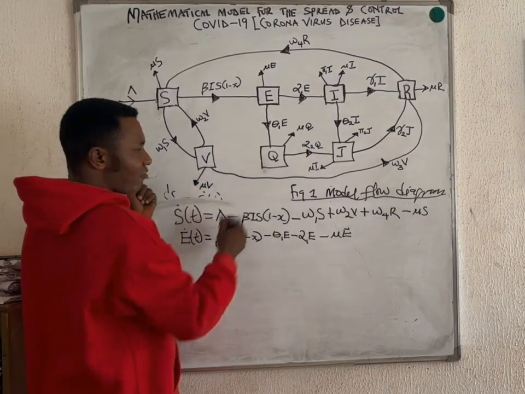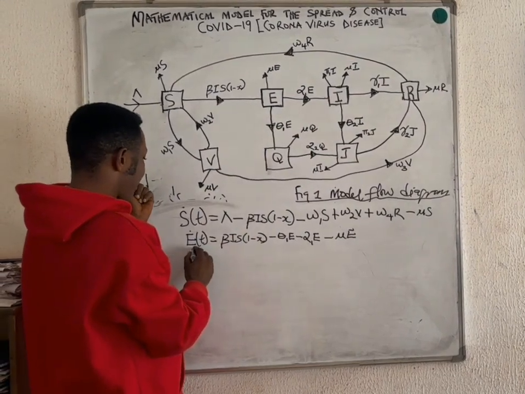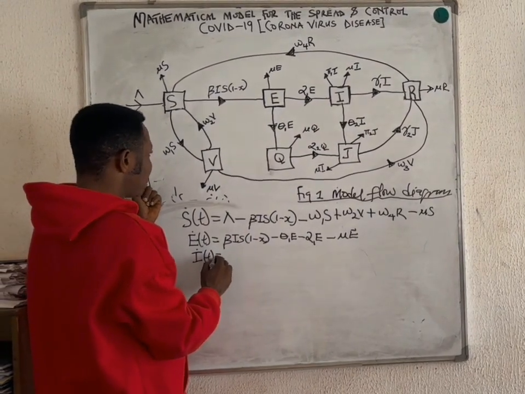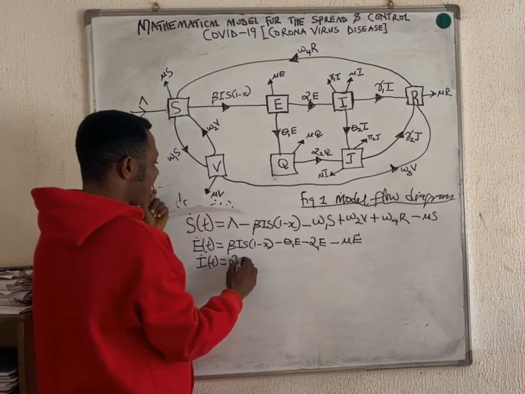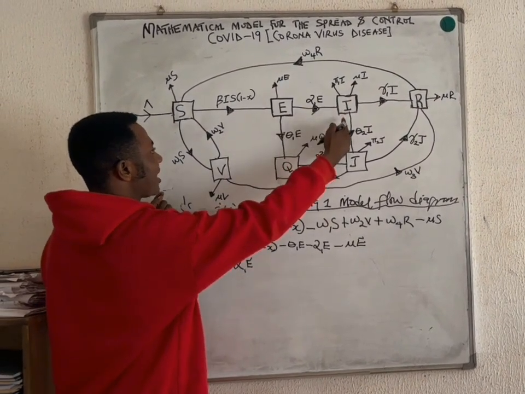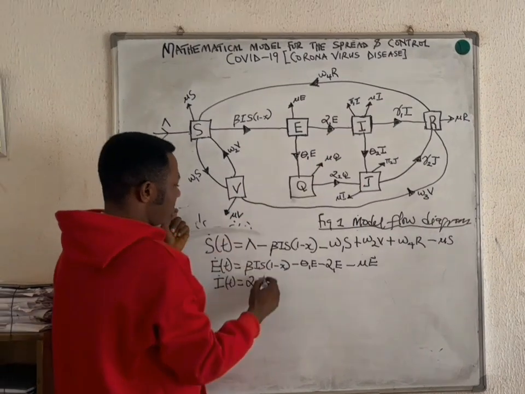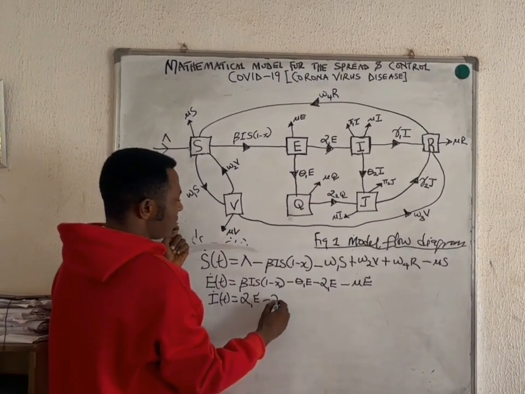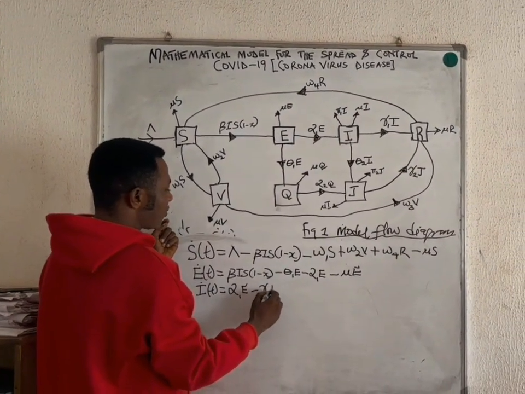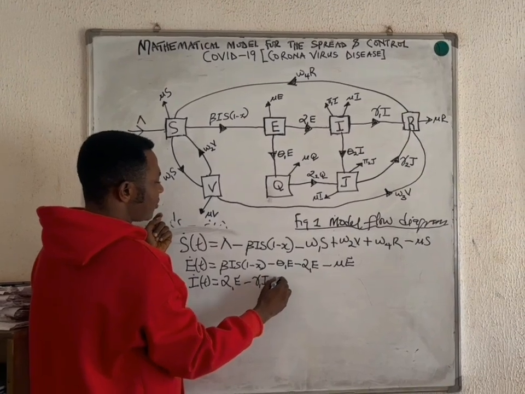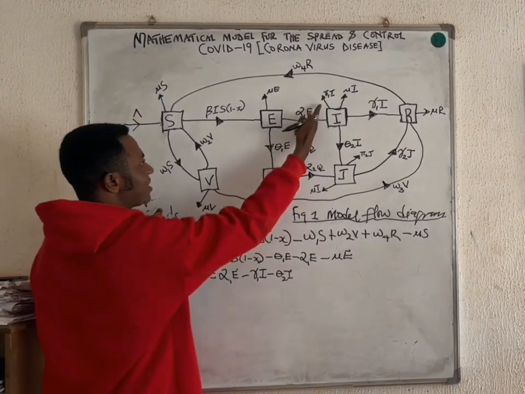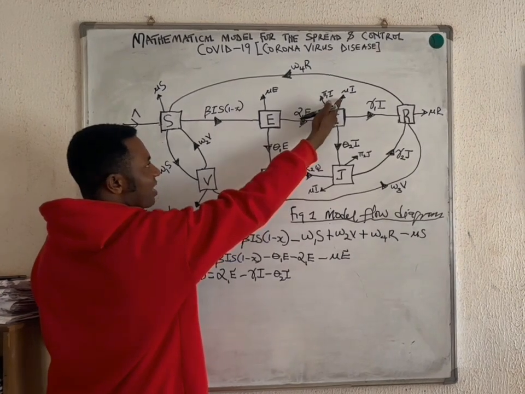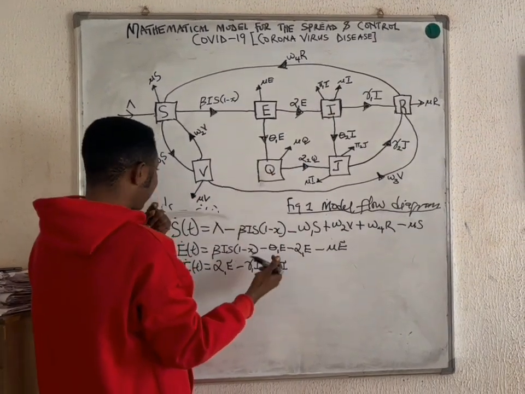We move to the infected class, I of T. This one, look at it. Alpha sub 1 E is entering, all right? This is leaving, this is leaving. We now say minus gamma sub 1 I, minus theta 2 I. Then these two are leaving, that is the disease-induced death rate and the natural death rate for the infected class.